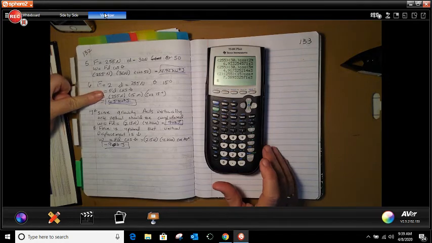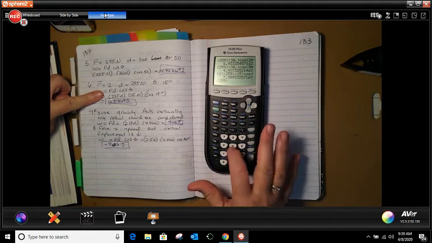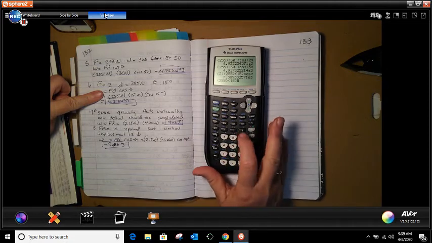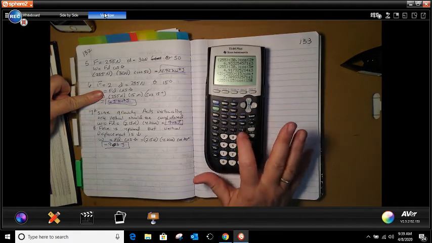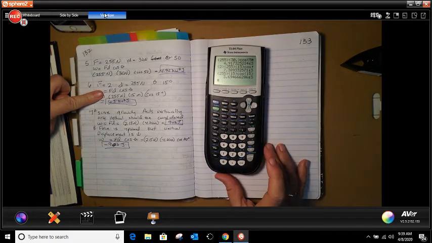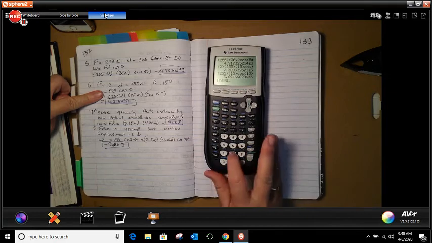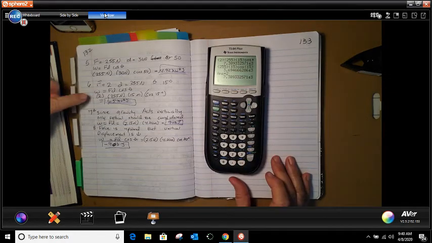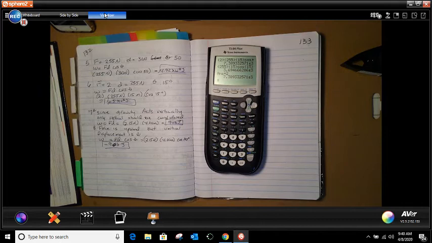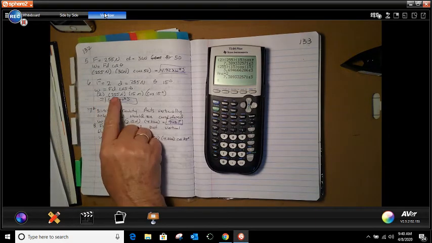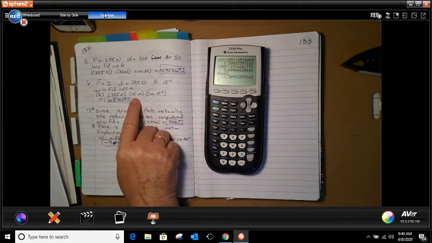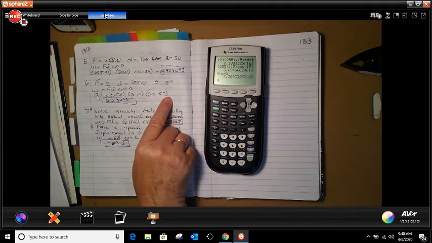Shouldn't have a 2 there. So let's try it again. 255, 15, cosine 15, answer times 2. So number 6 doesn't seem to be working right. Let me look at my work and see if I did it right. 2 times 255 times 15 cosine 15.